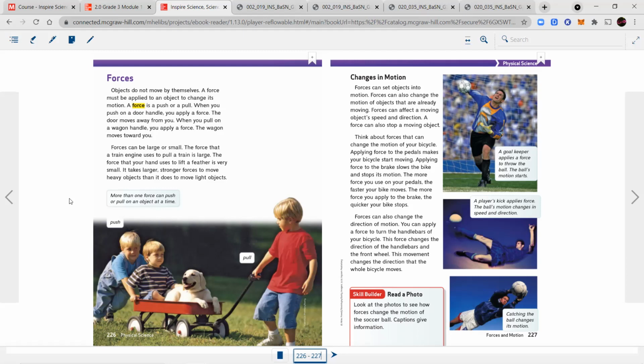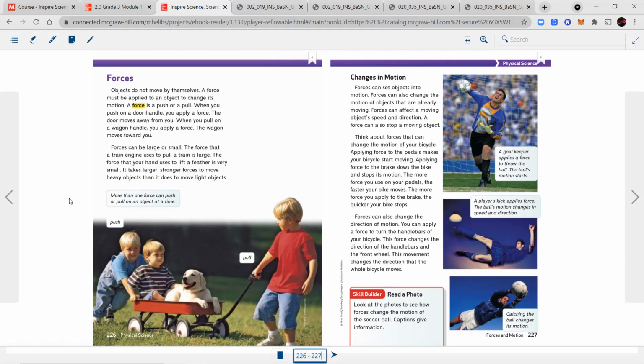If something is already moving, so think about if you're playing kickball outside or you're playing soccer, the ball is already rolling on the floor and someone else kicks it harder and it goes in maybe a different direction. So maybe it was going straight and now it's going to the right, and it may be moving faster now. So another force was applied to it that changed its speed and its direction, or it can hit something and stop. So a force can also stop the motion of an object.